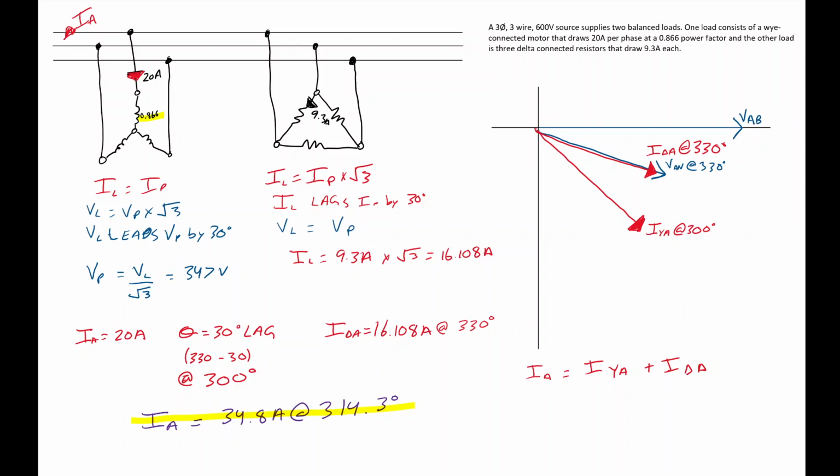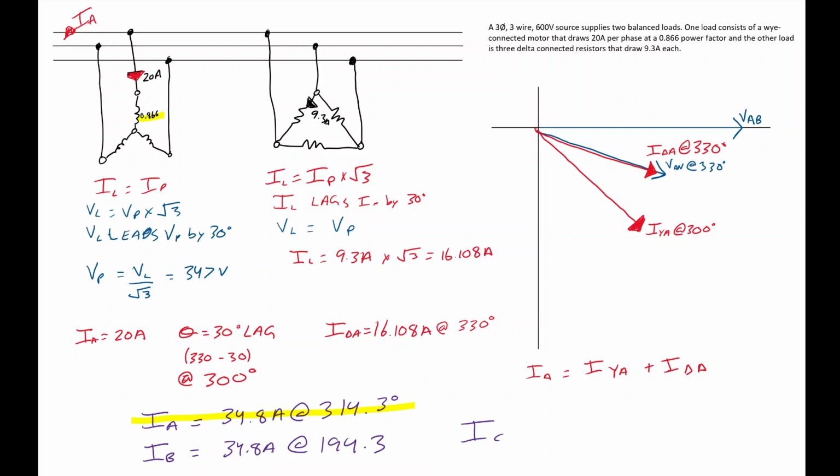Well, we know they're 120 degrees apart, and we know it's a balanced load, which means that to get IB, it would lag by 120 degrees, so 314.3 minus 120. IB would be 34.8 amps at 194.3 degrees. And IC would be, again, lagging by 120.